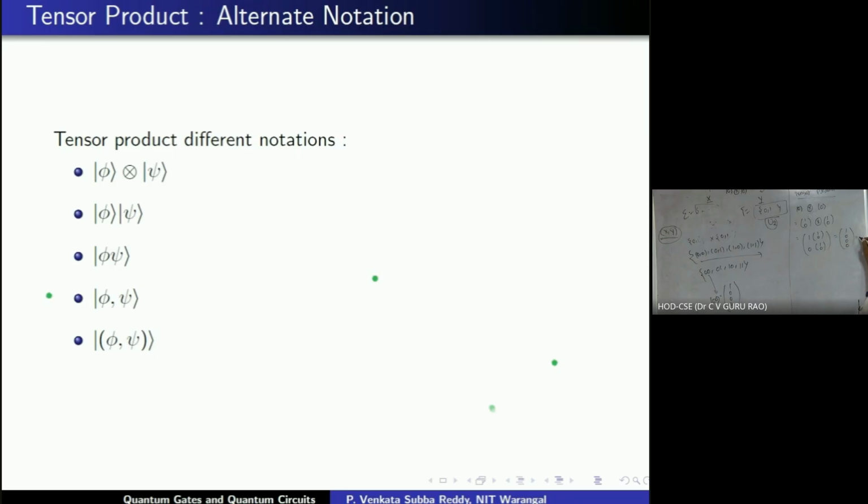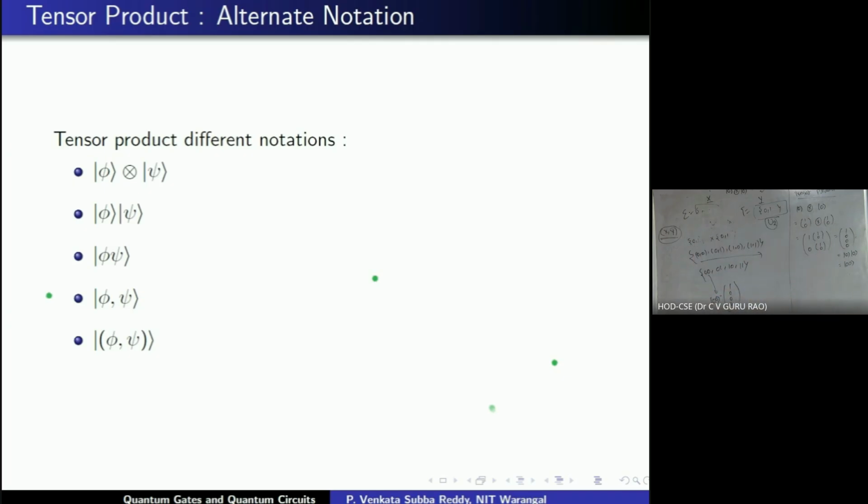Which is same as ket 0 tensor ket 0, which we can directly write as ket 0 0. All are the same, just different notation.